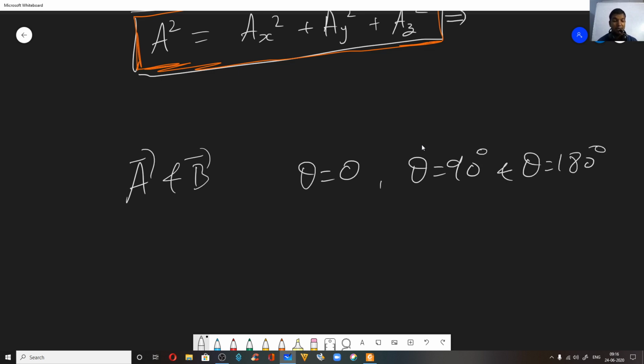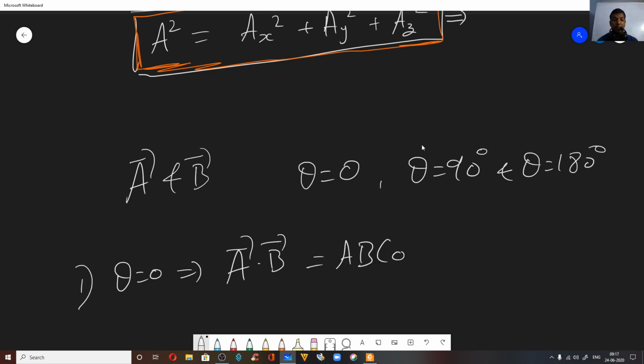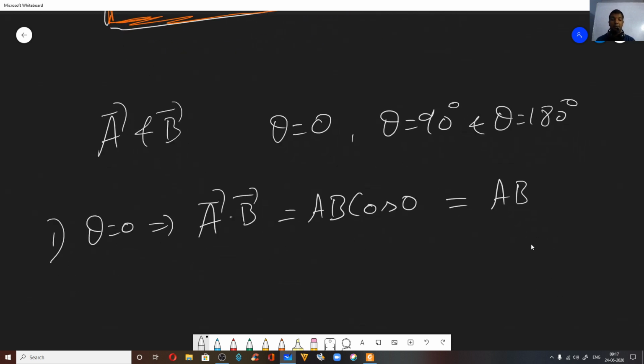Special cases, you can say. For a dot b, first, if theta is equal to 0, a dot b will be equal to ab cos 0. It's simply ab itself. You are just getting the product of the magnitudes of a and b. This helps us a lot while doing problems.